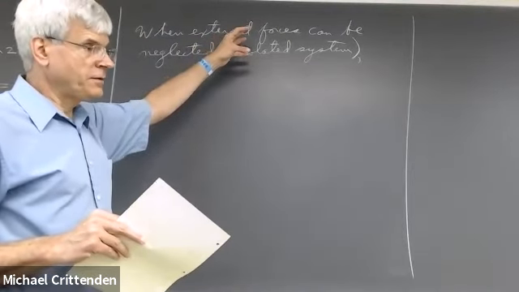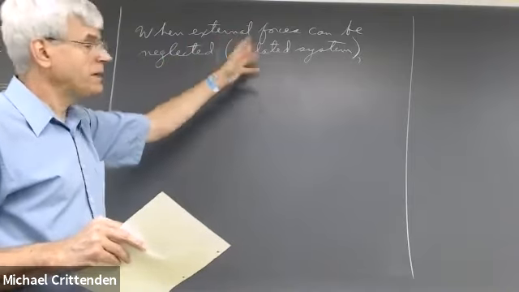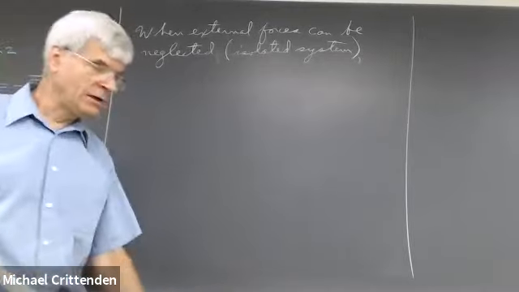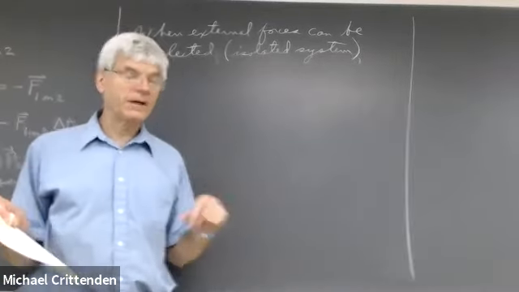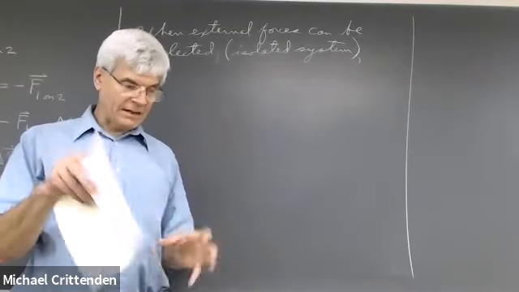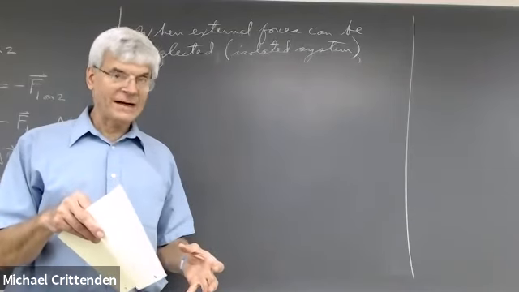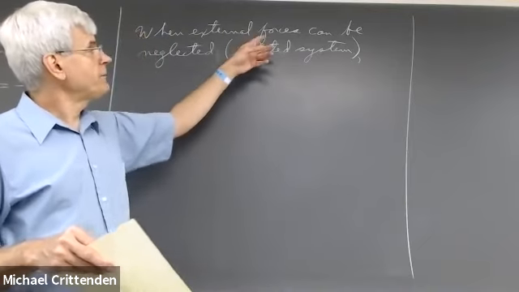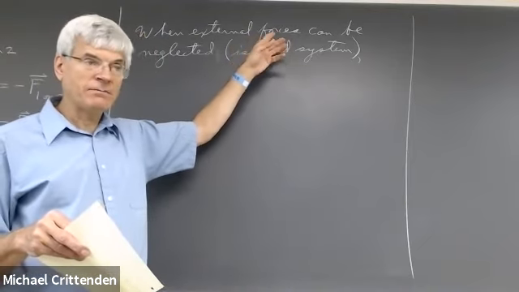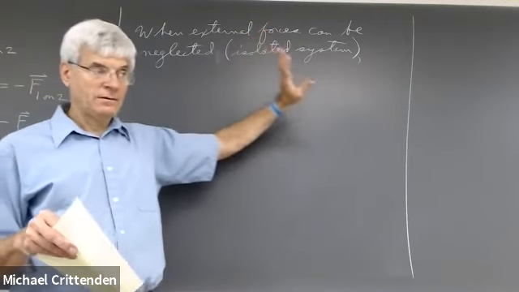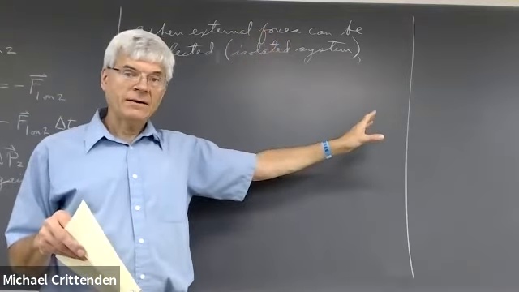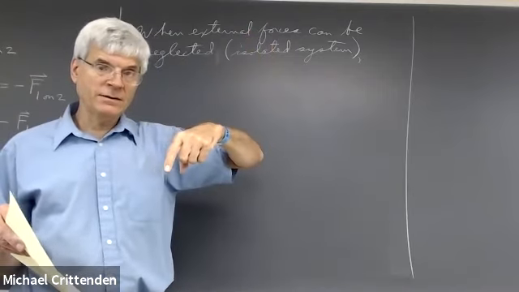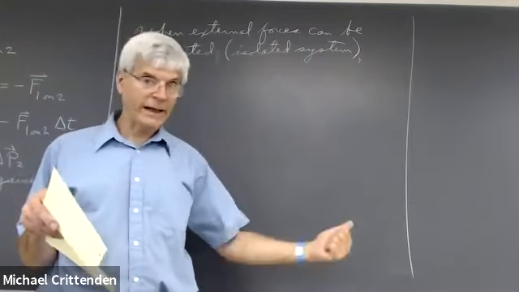First of all, by a system, I just mean some kind of a collection of objects, two balls on a pool table or a bunch of asteroids or whatever you're talking about. If there are any forces acting on some part of this system from outside, that force could put more momentum into the system or take some away.